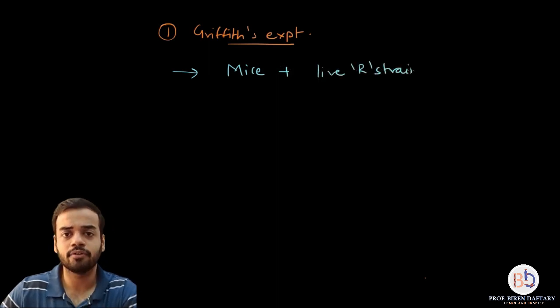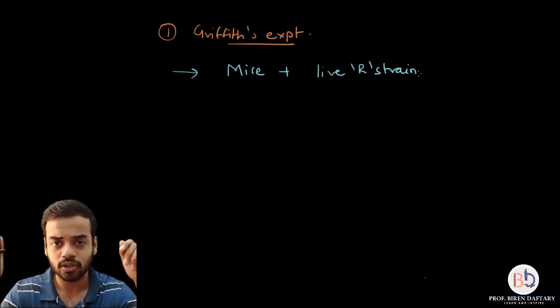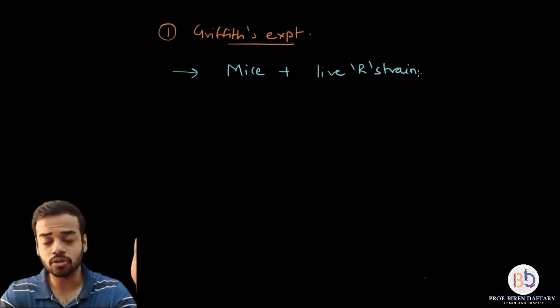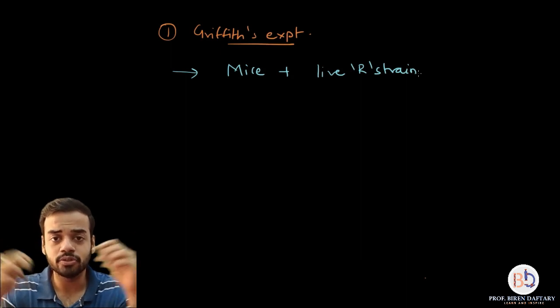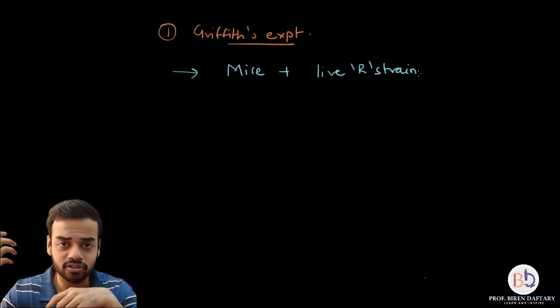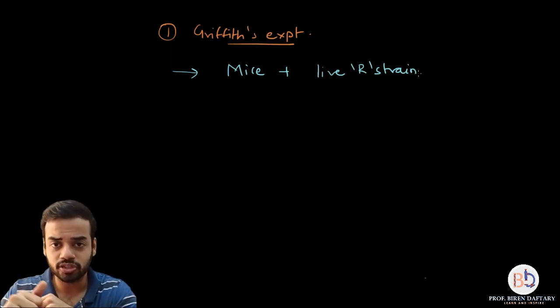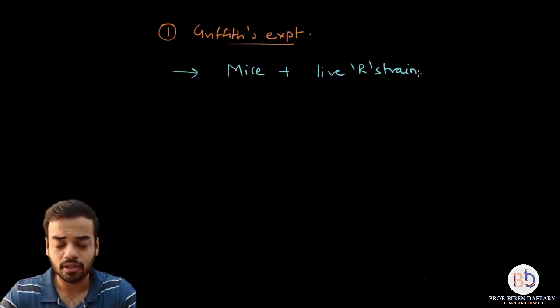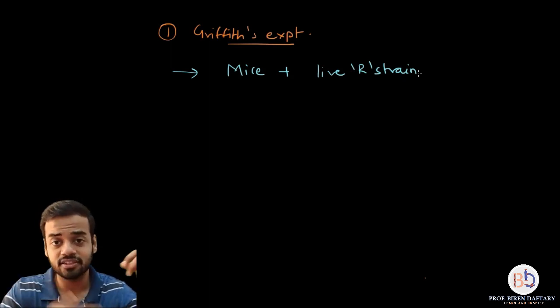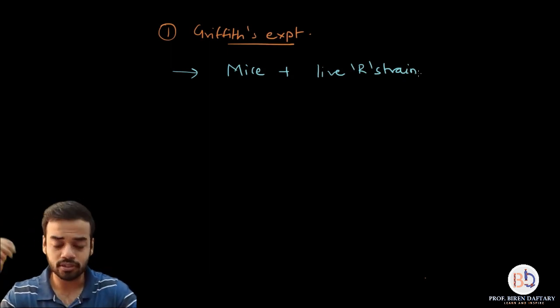For all those who have not read this from the book, Griffith used a bacterium called Streptococcus pneumoniae, a bacterium which causes pneumonia, and that bacterium has 2 strains, smooth strain and rough strain. S is the smooth one, R is the rough one. And what is the difference? S strain is pathogenic, R strain is non-pathogenic. All this we have already studied.